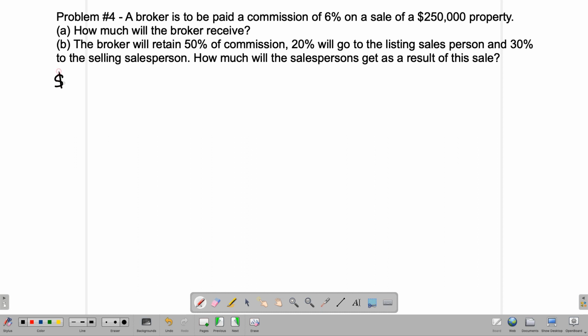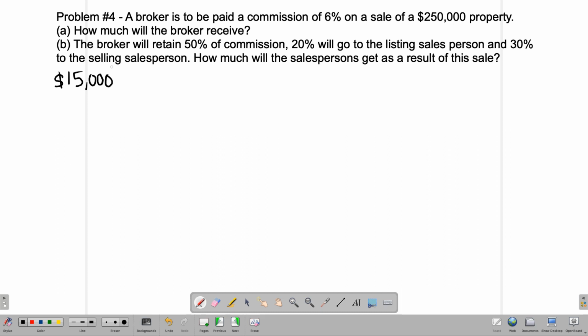And as I mentioned in the note, usually there's a buying side of the transaction and a selling side of the transaction. That means there's a broker represented for the buyer side and a broker represented for the selling side, and so that total commission is usually split.